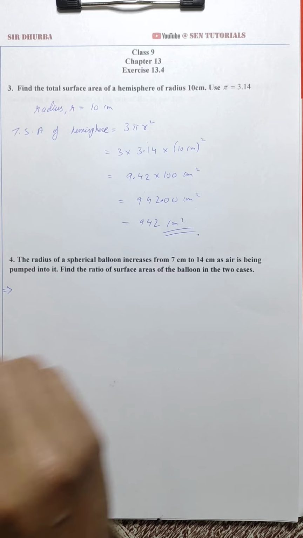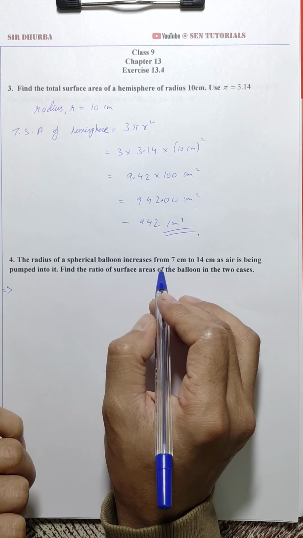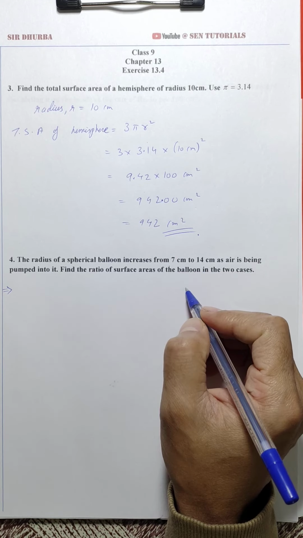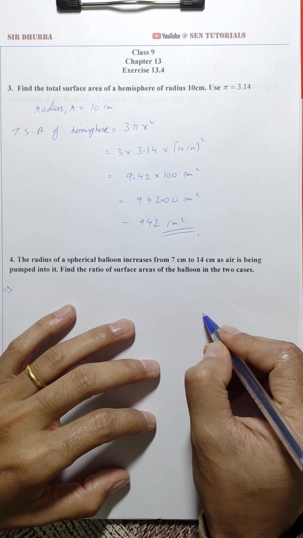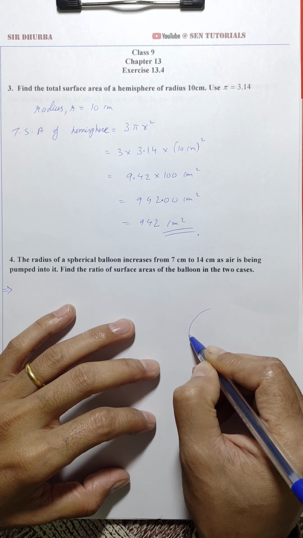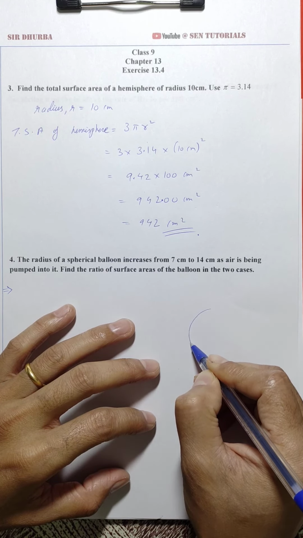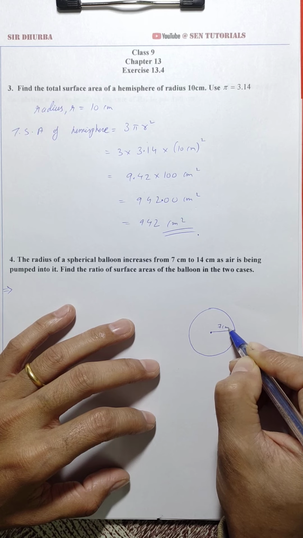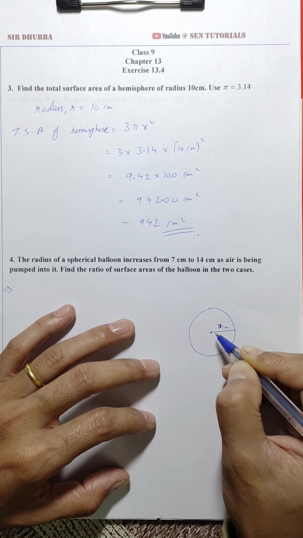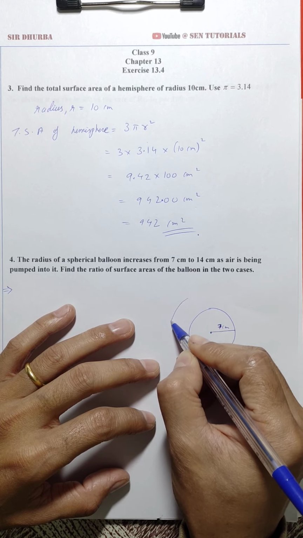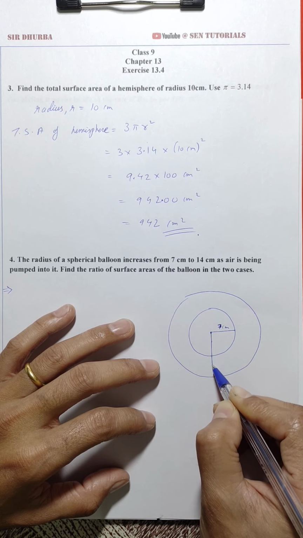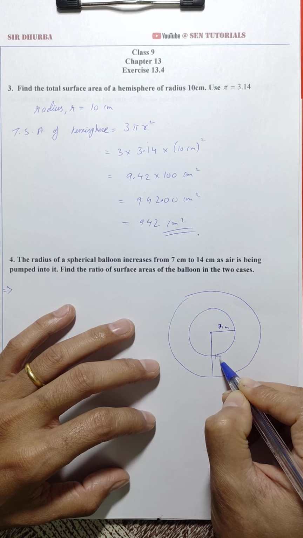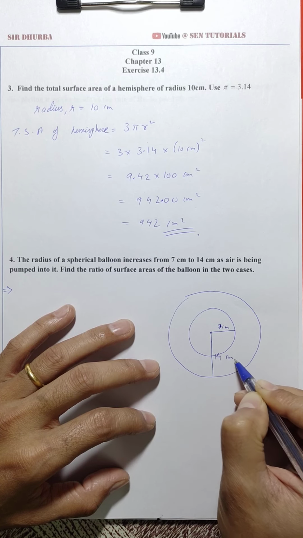Next question is, the radius of a spherical balloon increases from 7 to 14 centimeters as air is being pumped into it. So initially our balloon was something like this, whose radius was 7 centimeters. Then we pumped air into it again, so the balloon of course gets bigger with a bigger radius, that is 14 centimeters.